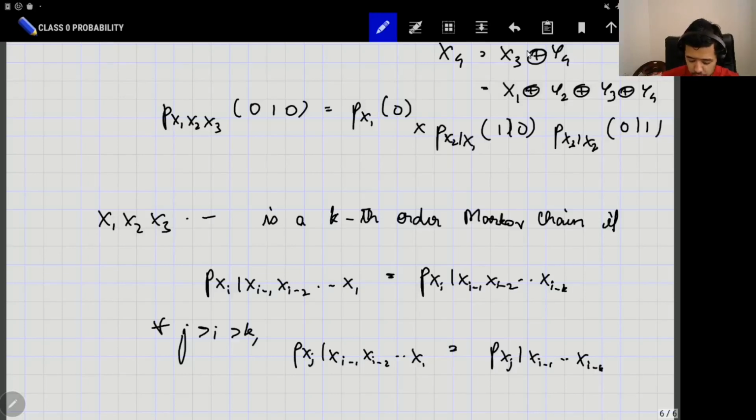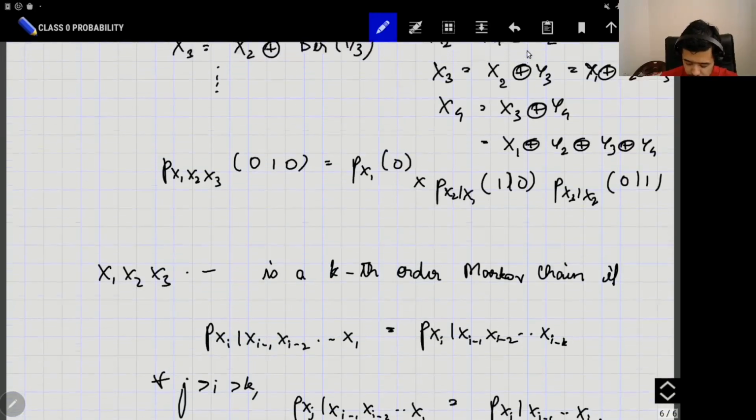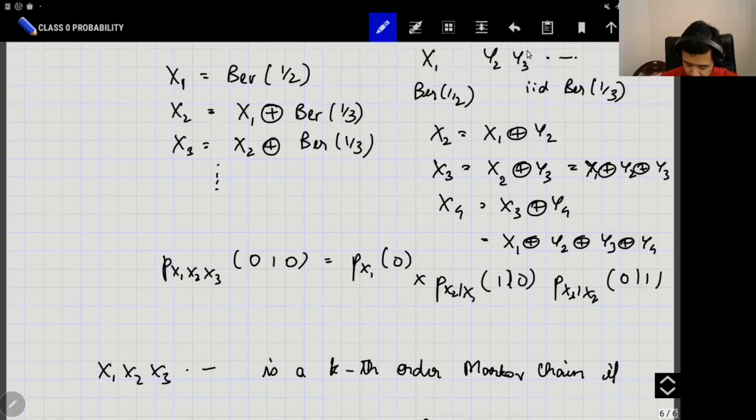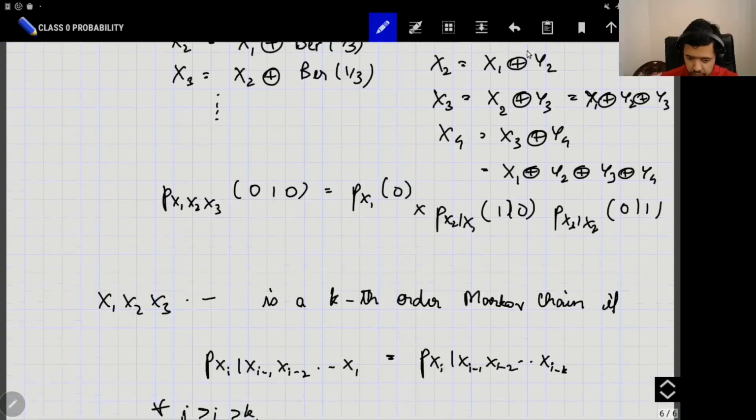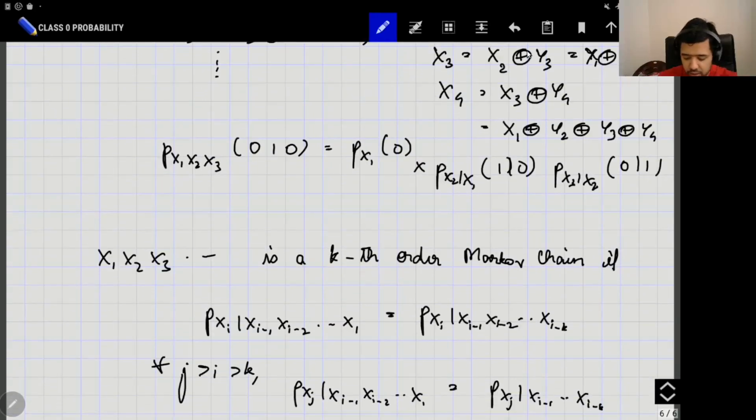One thing to note is that practically, when we're talking about English text, we do model this as a kth order Markov chain for k sufficiently large.